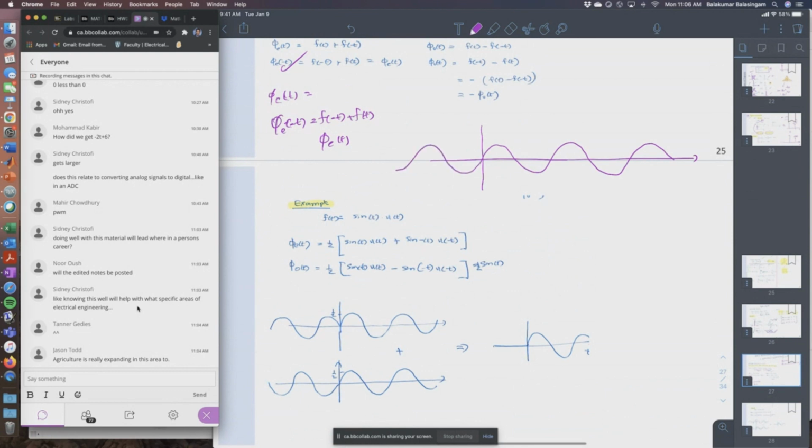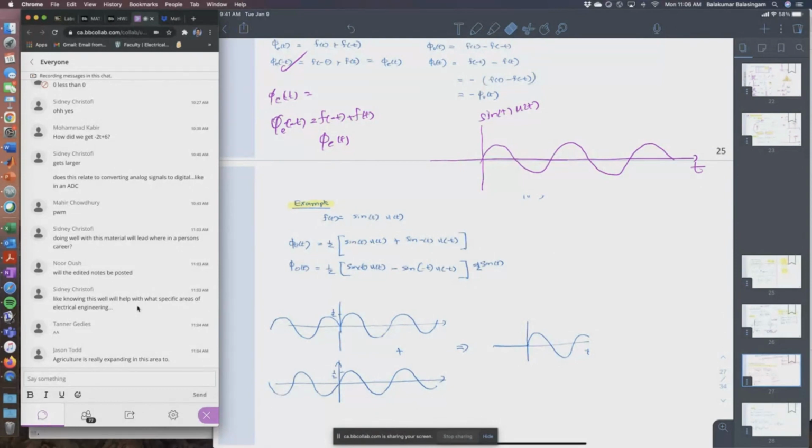So this is sin(t), positive and negative. But when you multiply sin(t) by u(t), the negative part will vanish. So there are no more negative parts. That is sin(t) u(t). It doesn't exist for t less than 0.